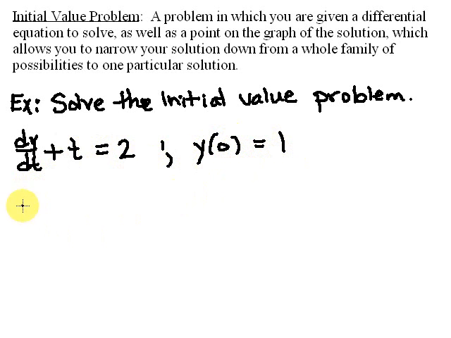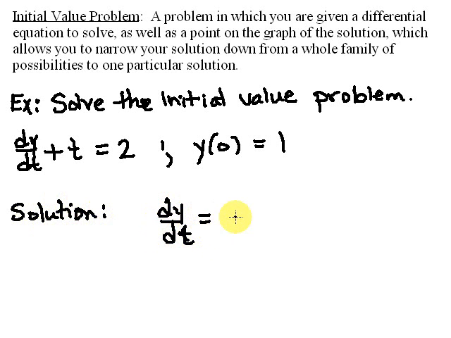Solution. In this particular case, it's easy enough to rearrange the equation so that we see that the derivative is 2 minus t. And then we know that we can just take the antiderivative of each side with respect to t.